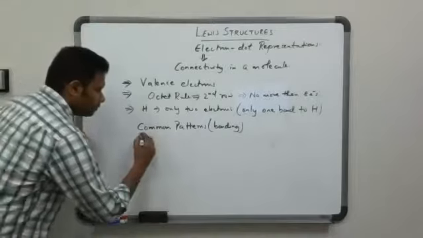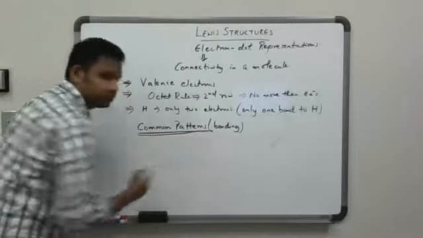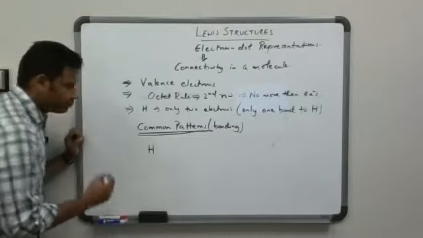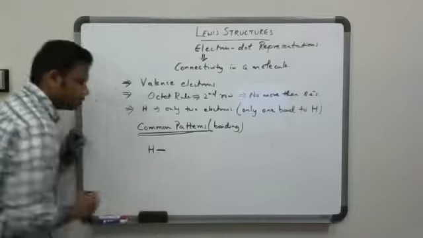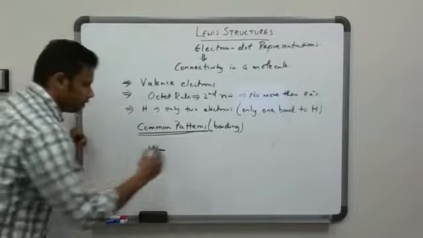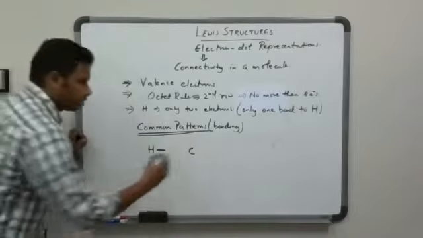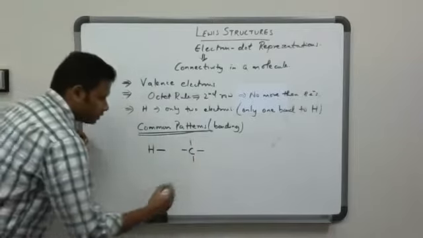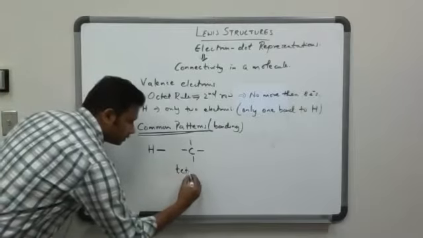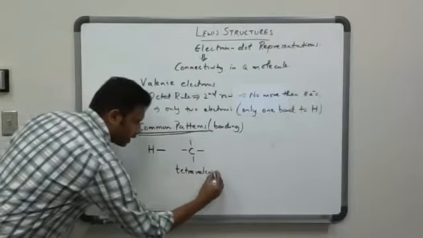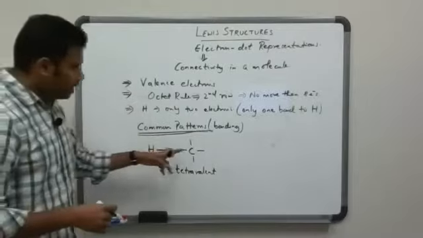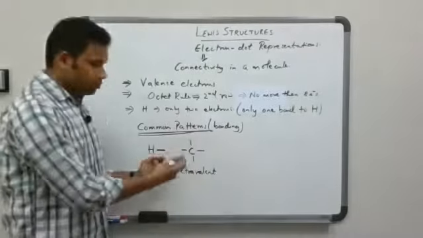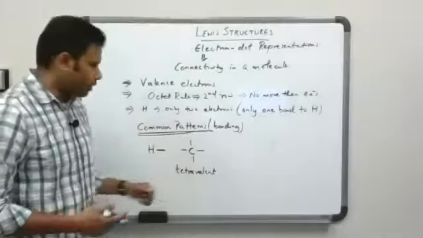The common bonding patterns for the elements that we are interested in: hydrogen is only one bond. Carbon is going to make 4 bonds. A carbon is tetravalent. It will form 4 bonds. It does not have to form bonds to 4 different atoms, but carbon generally forms 4 bonds.